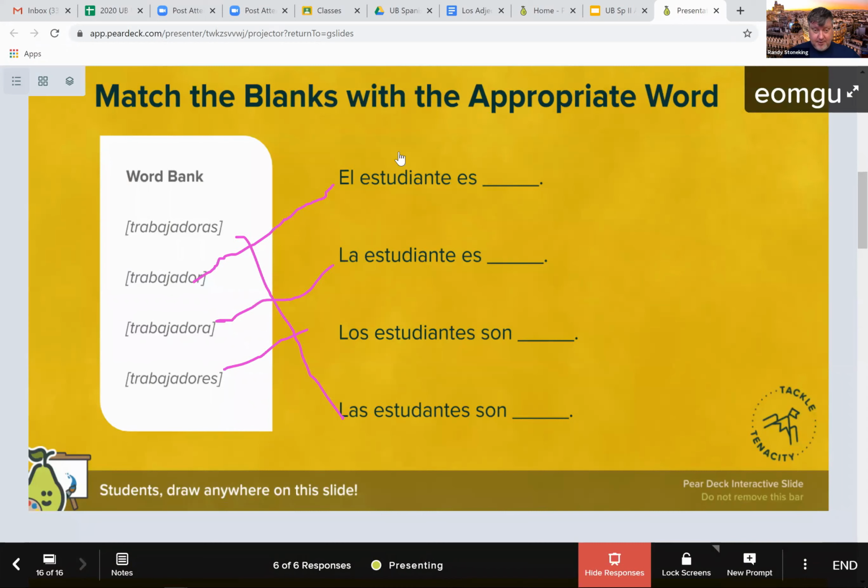That one is correct. La estudiante es trabajadora. That's a feminine student. Los estudiantes son trabajadores. Las estudiantes son trabajadoras. Very good. So that one goes there. That one goes there. Excelente.